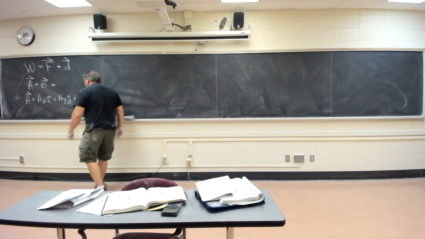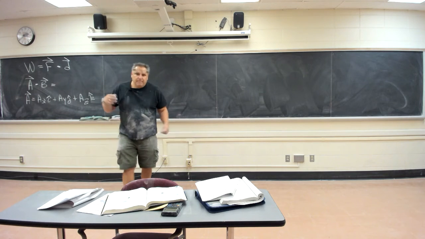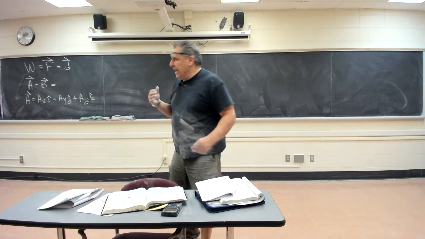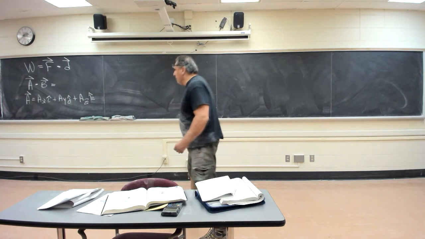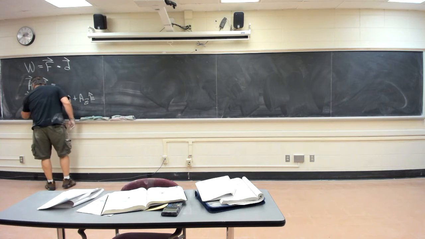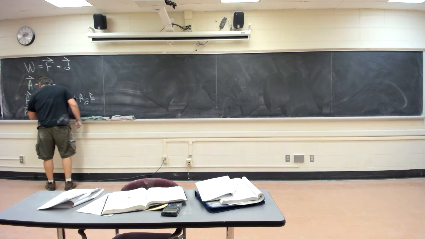We thoroughly beat this up in the notes on Canvas and in the films and in person when we lectured this stuff. So we know how to do the dot product.